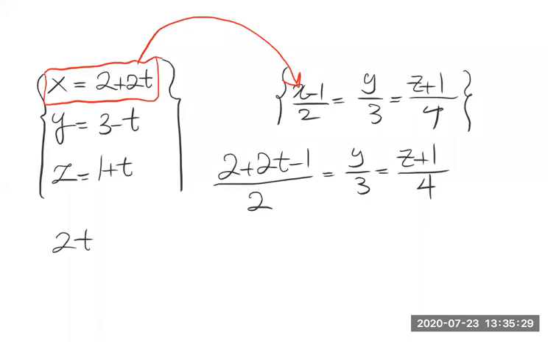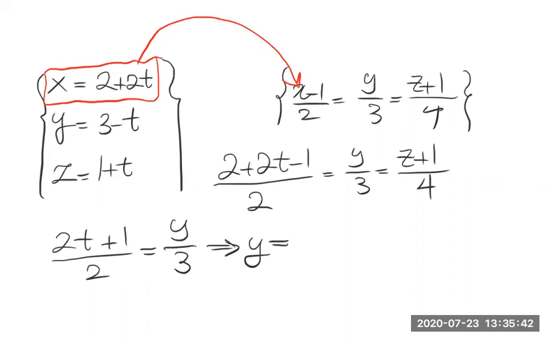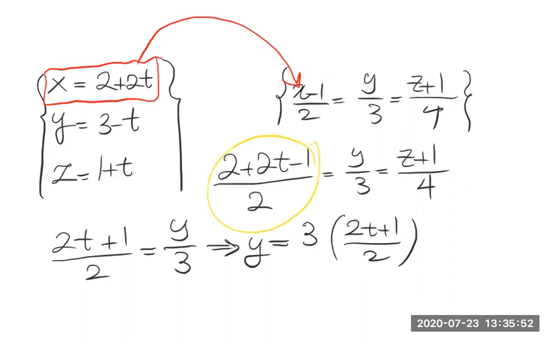2t plus 2 minus 1 is 2t plus 1 over 2. It should be equal to y over 3. What does it say about y? I can compute y from here. I can multiply both sides by 3. It says y is 3 times 2t plus 1 over 2. On the other hand, this quantity should be equal to z plus 1 over 4.